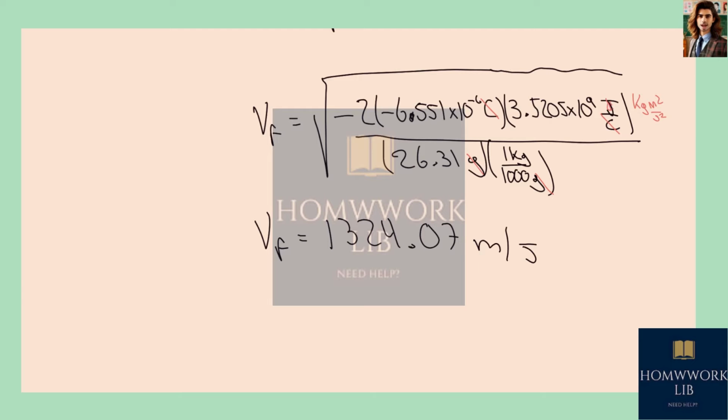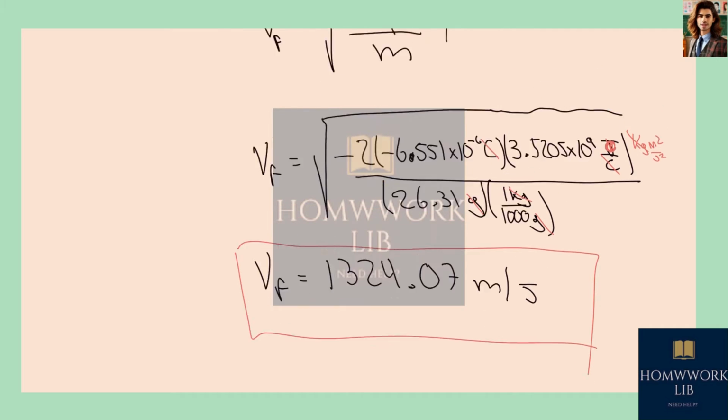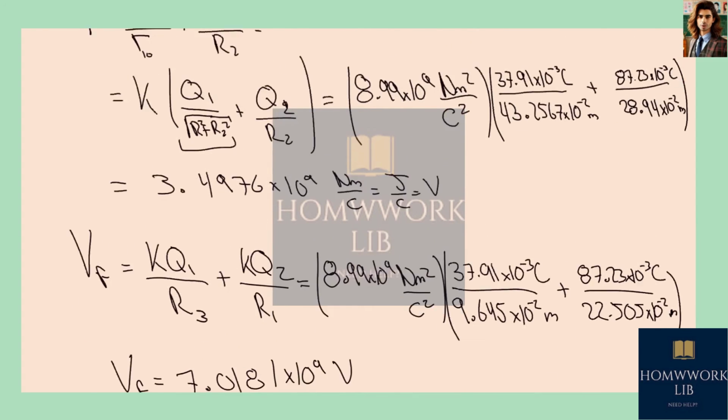So we replace this, kilogram and kilogram cancel out, so we end up with meters per second. However, that really doesn't matter. As long as you keep everything in the International System of Units, you're going to get the correct result, which is this one over here. So with that, it would be all.